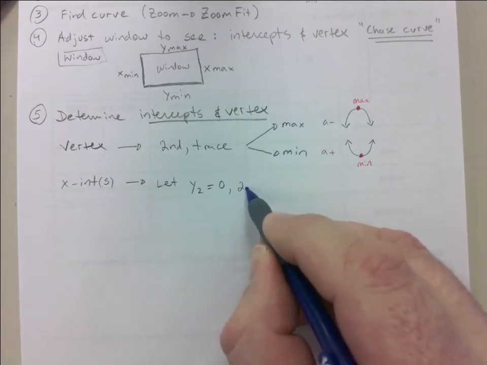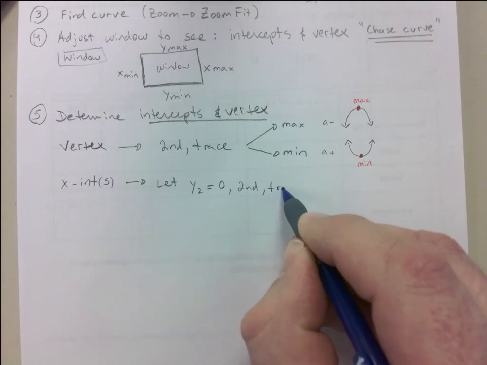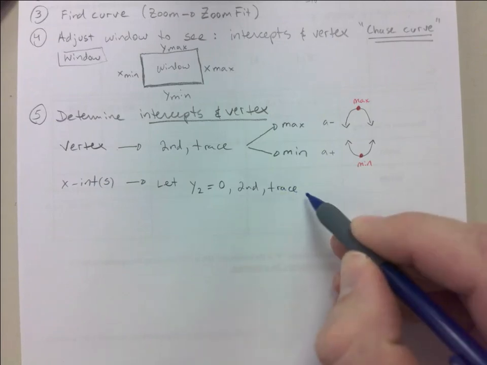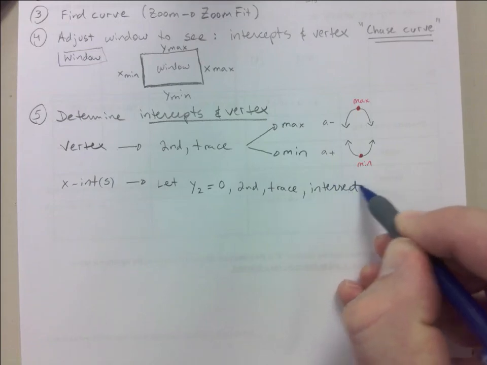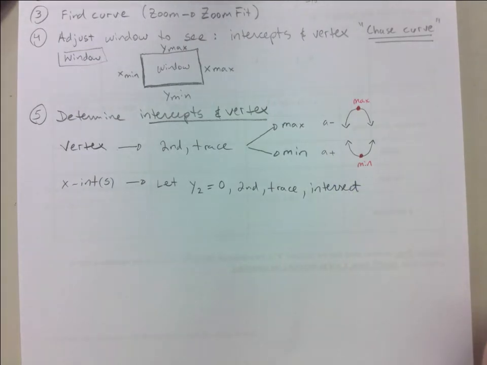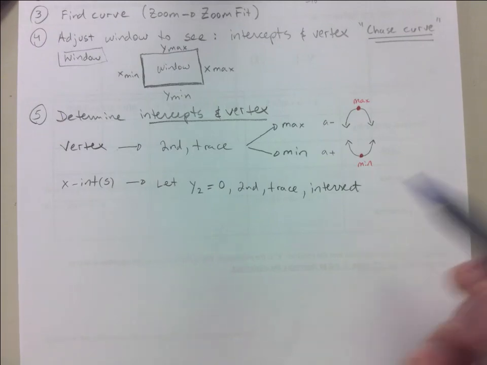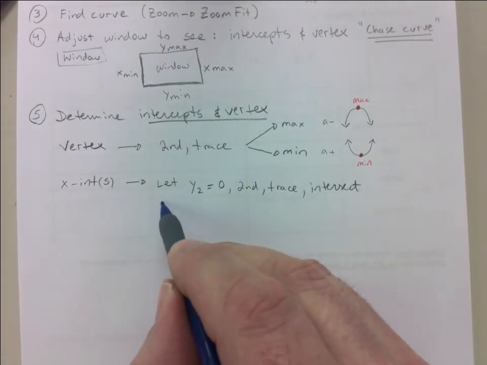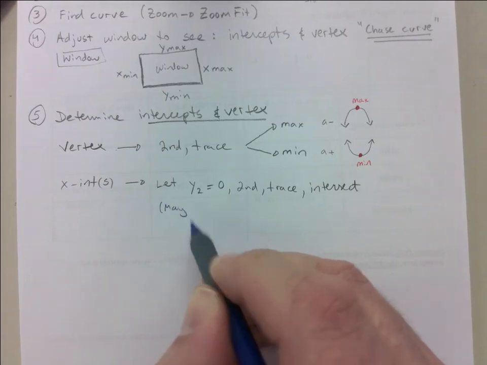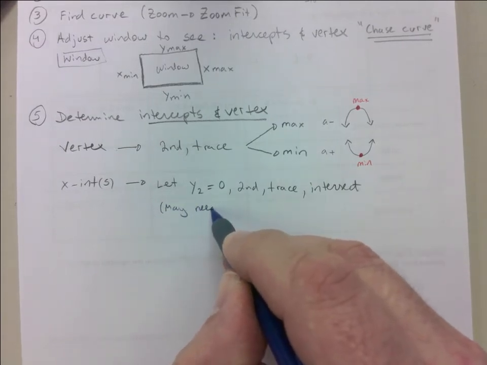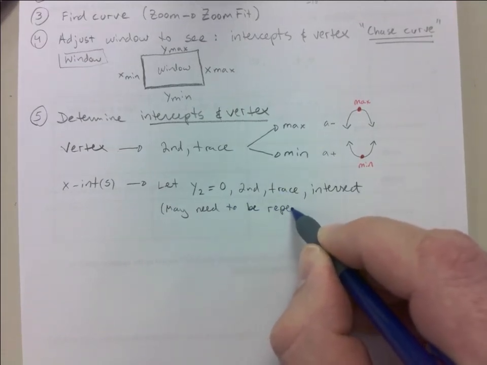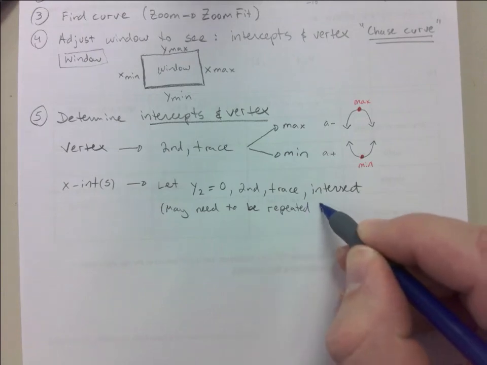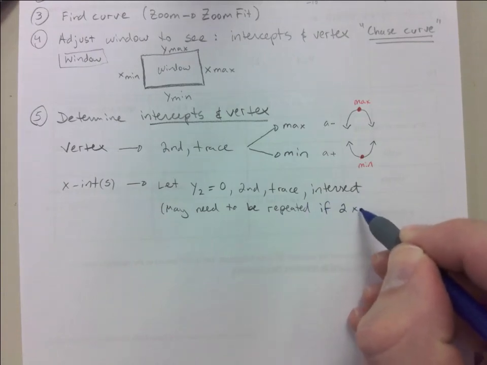Then we're going to go second, trace, intersect. This may need to be done or repeated if there are two x-intercepts.